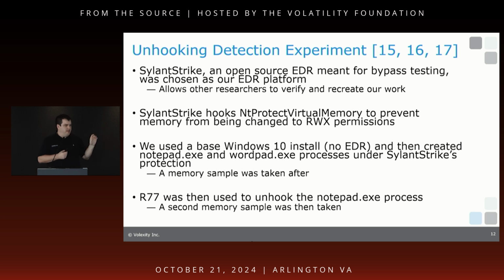We like to set up our experiments so that we're not dependent on a certain commercial product that might change. We also like to make experiments that other people can replicate, and we're obviously fans of open source. So to set this up, if you want to test this on your own, there is a really cool project called Silent Strike on GitHub. It is an open source EDR meant for bypass testing.